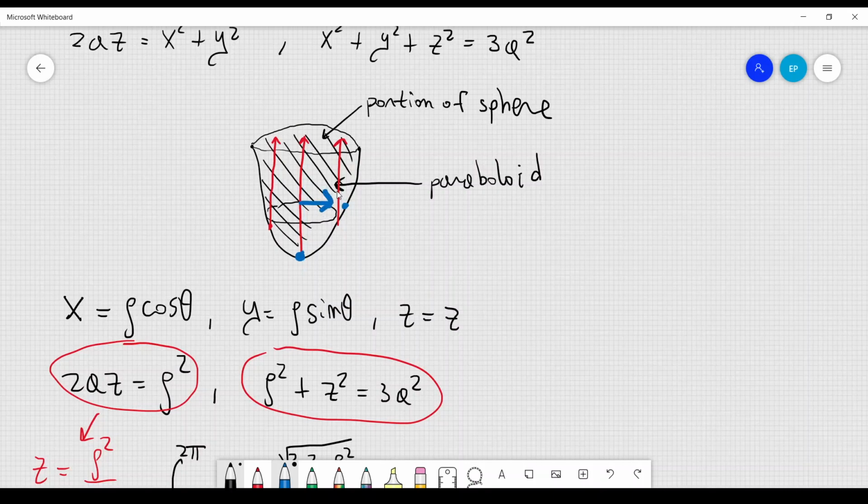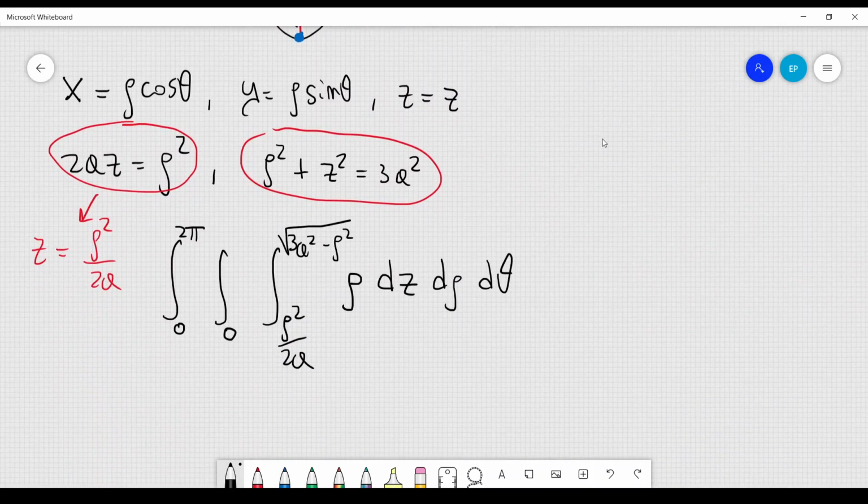So the greatest value that rho can take is this one up here, where the paraboloid intersects the sphere, right? So how do we find that maximum value that I will call capital R here? Well, we can find it by using these two equations.